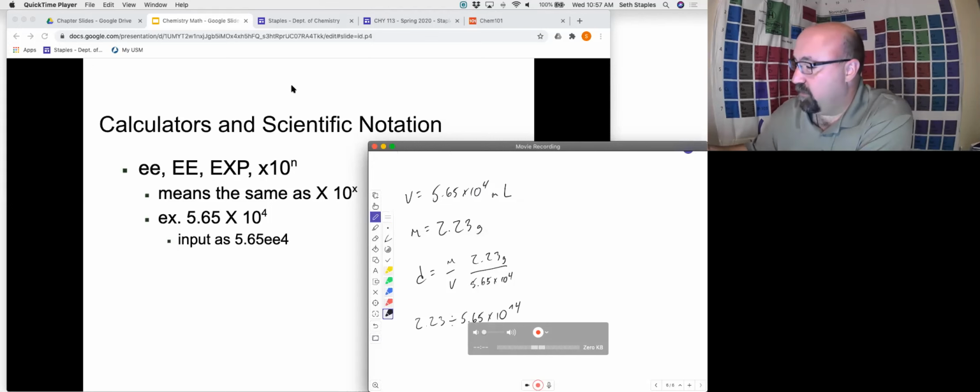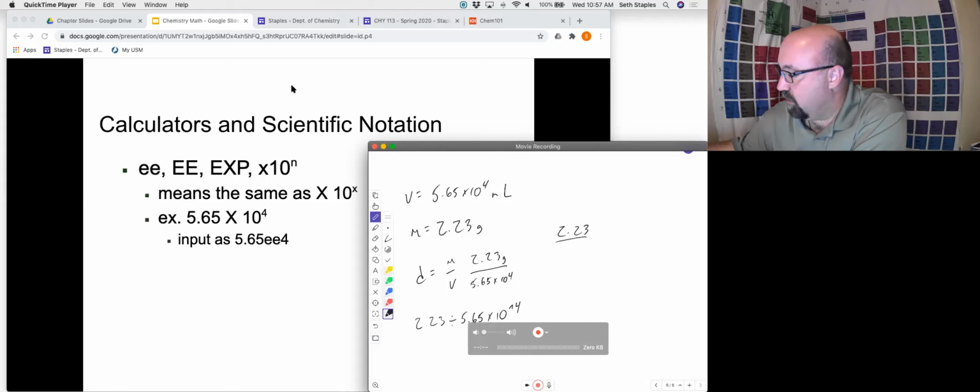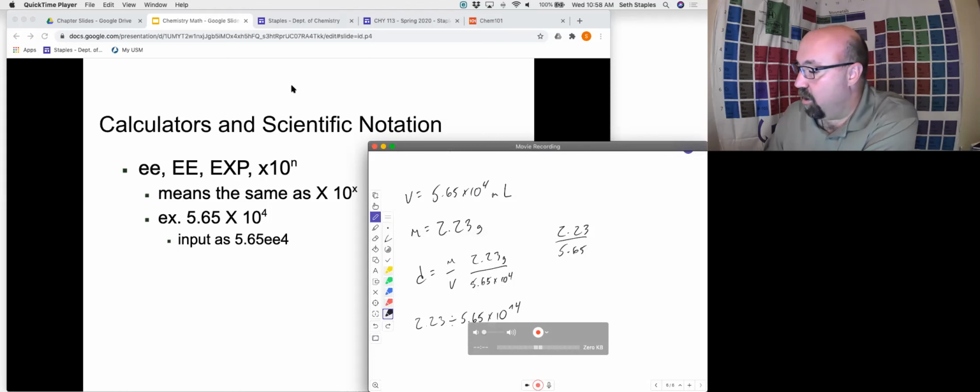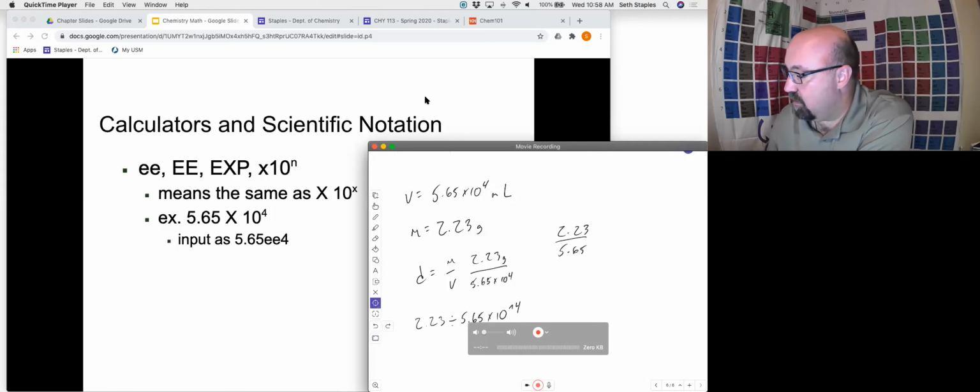What this is going to do is first divide your 2.23 by the 5.65. If you've input it like this, your calculator doesn't know that this 5.65 is supposed to go with the 10 to the fourth.